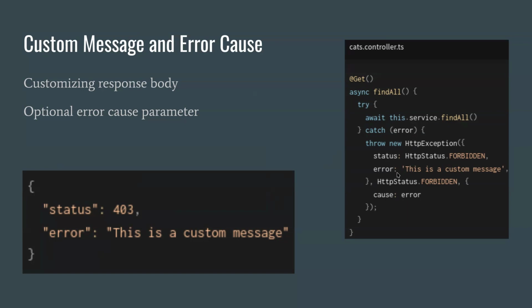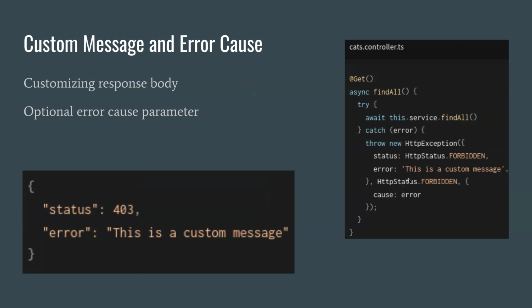Moreover, you can pass an object to override the entire response body. There is also an optional third argument for providing an error cause, which is useful for logging and debugging purposes.